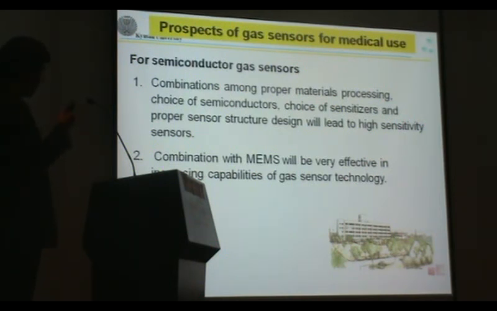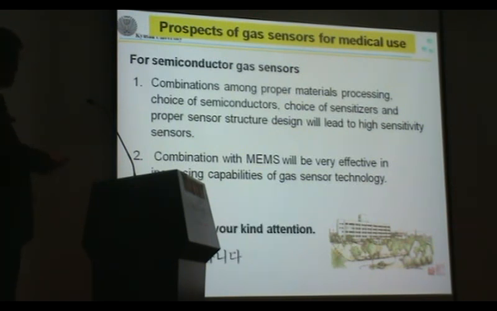And the second is a small chip, like the MEMS chip, which is very useful in the medical field. The substrate is changed to a small size. We must rearrange the sensor material because the contacting system and the preparation system are quite different from the present system. So thank you for your kind attention.